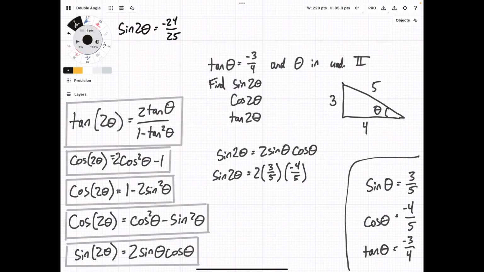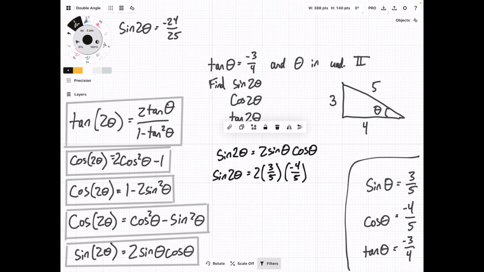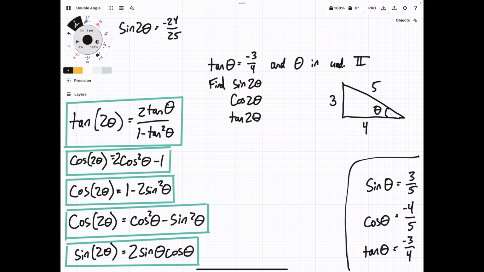Here's our answer. Okay. Now we will move on to cosine of 2 theta. And in this case, you get to pick one of these 3 formulas. I like to use this one just because it's easiest to remember. So that's what I'm going to plug in. Cosine squared theta minus sine squared theta.